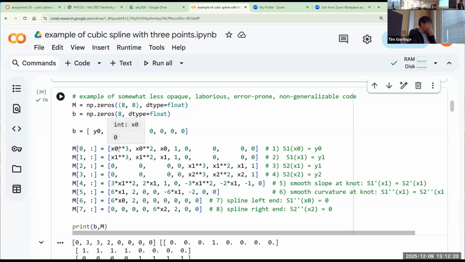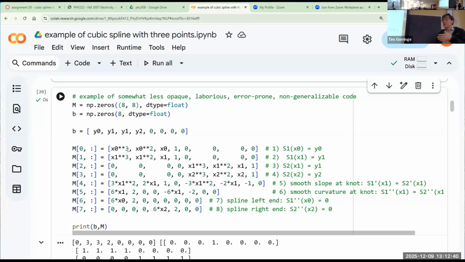I'm putting in x0, x1, x2 as the variables rather than the numerical values.